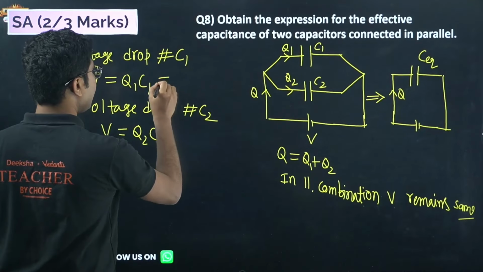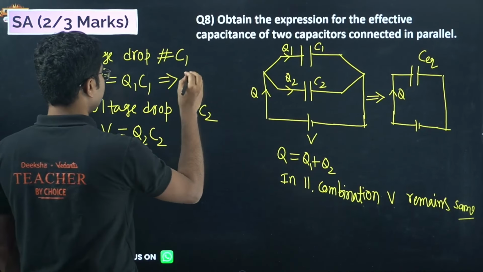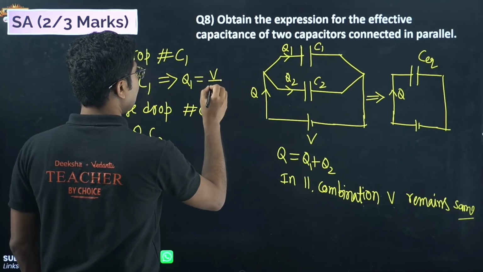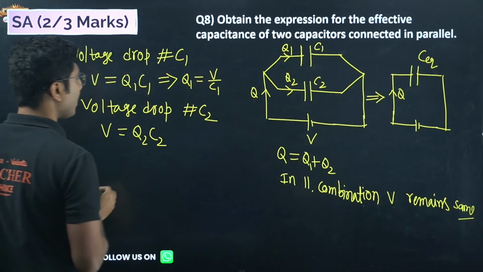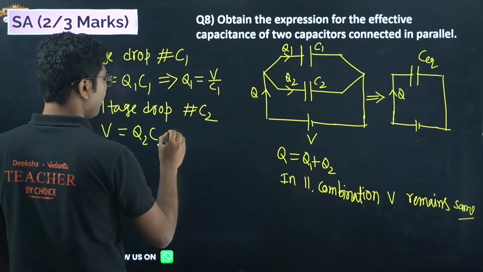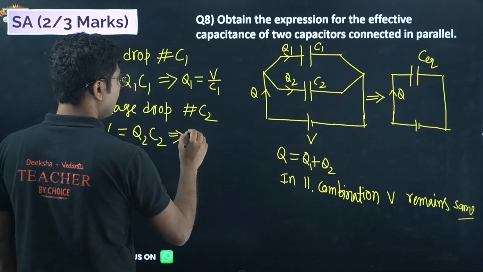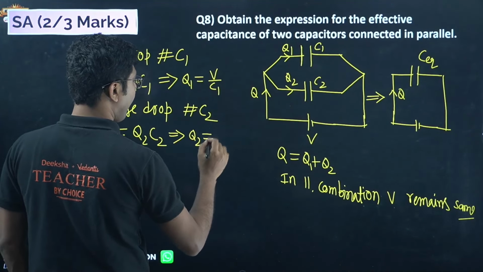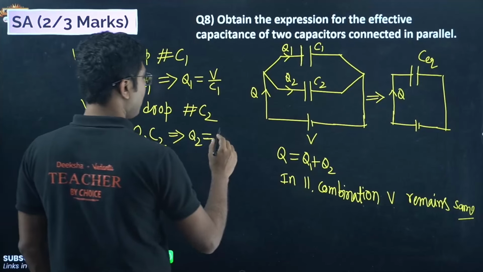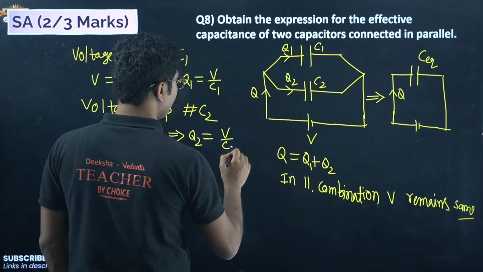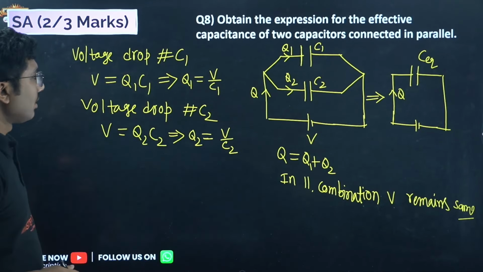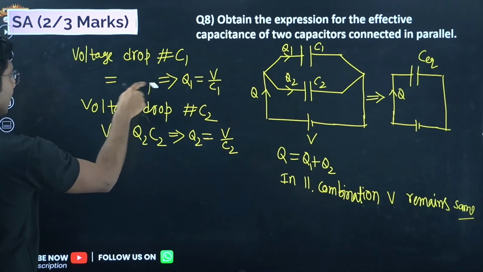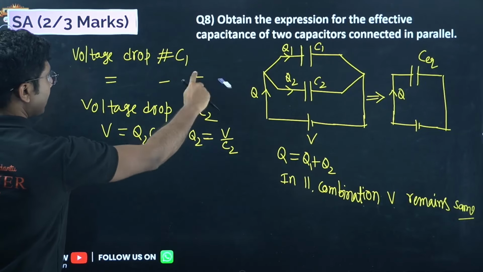So from here we can write Q1 equals V by C1, and Q2 equals V by C2, right? Extremely sorry, I made a small mistake. Yes, I know many of you are commenting, sir, you have made a mistake.